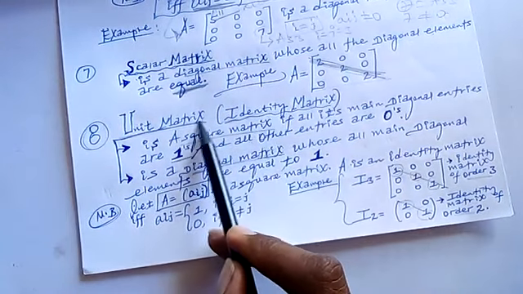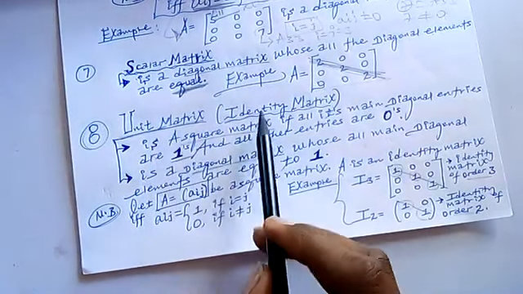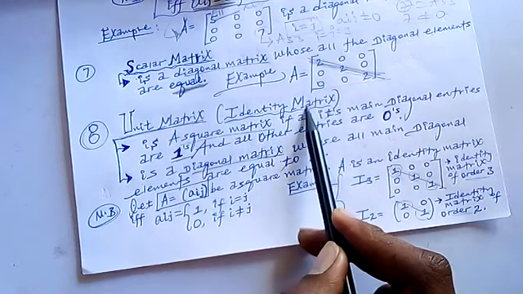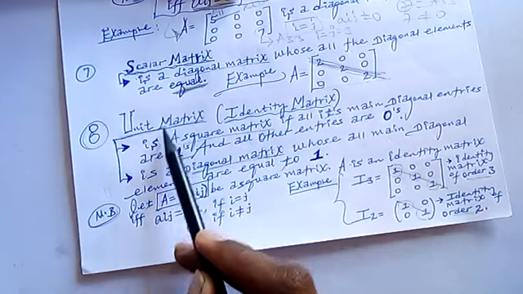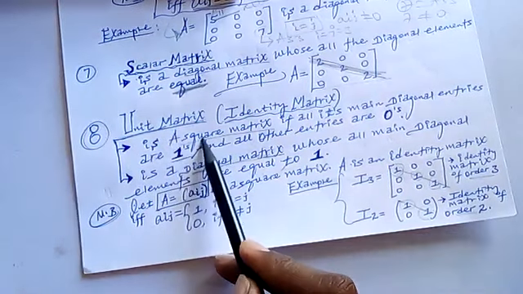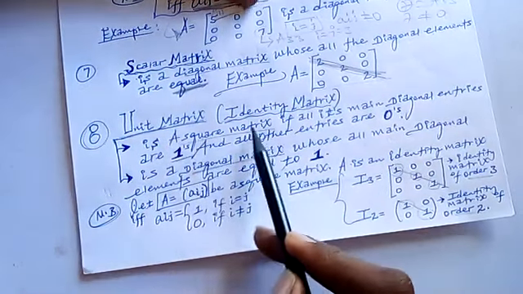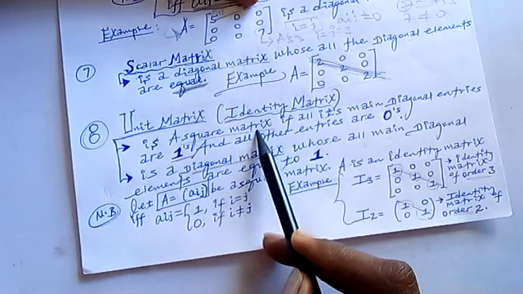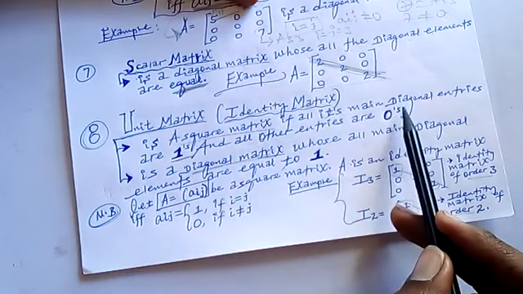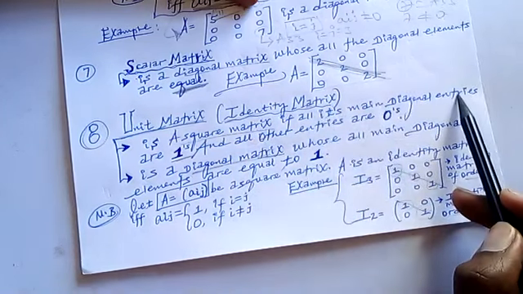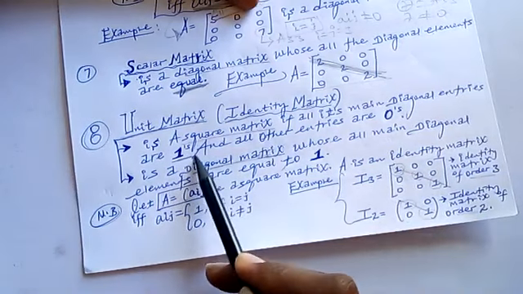The eighth type of matrix is the unit matrix, or another name for the unit matrix is identity matrix. Its definition says that a unit matrix or identity matrix is a square matrix in which all main diagonal entries are 1.